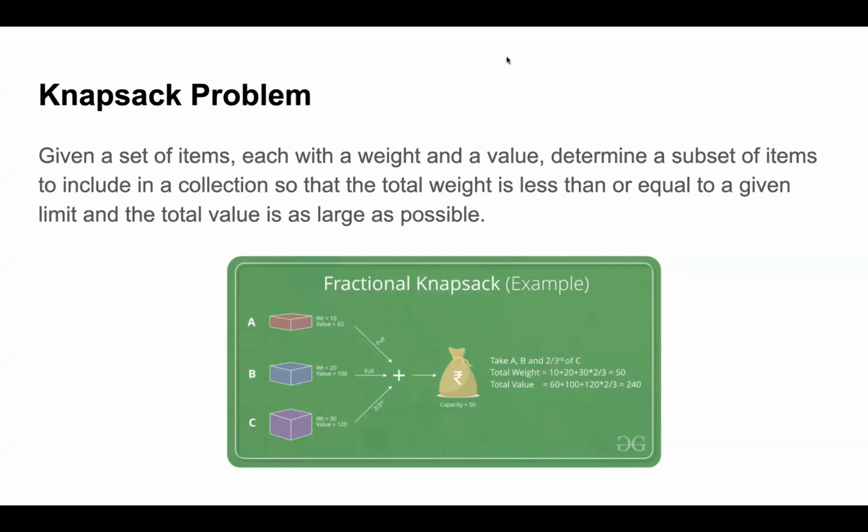The total weight should be less than or equal to the capacity of the knapsack. And whatever type of solution it is, maximum profit should be there. Getting it? It is nothing but a fractional knapsack problem.